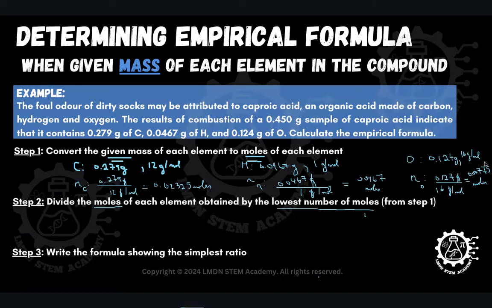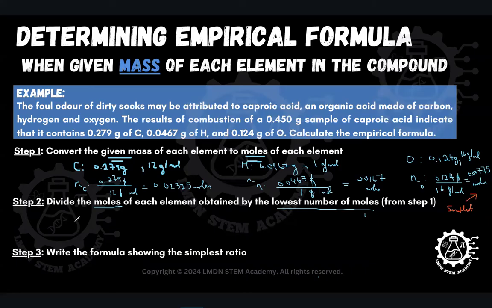We see that this is the smallest of all of them, the smallest of what we got from step 1. So we're going to divide all of these moles by that smallest moles, and we're going to divide it by itself as well, because it is corresponding to an element.